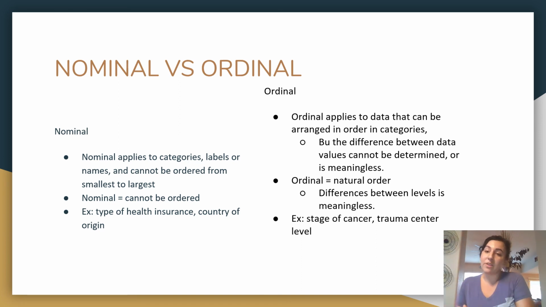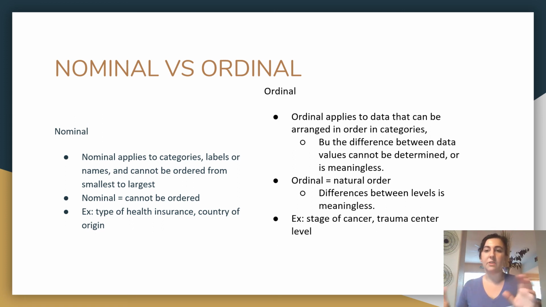Now ordinal is a little bit different. Ordinal applies to data that can be arranged in order in categories, but the difference between the data values either cannot be determined, or is meaningless. They don't really matter.